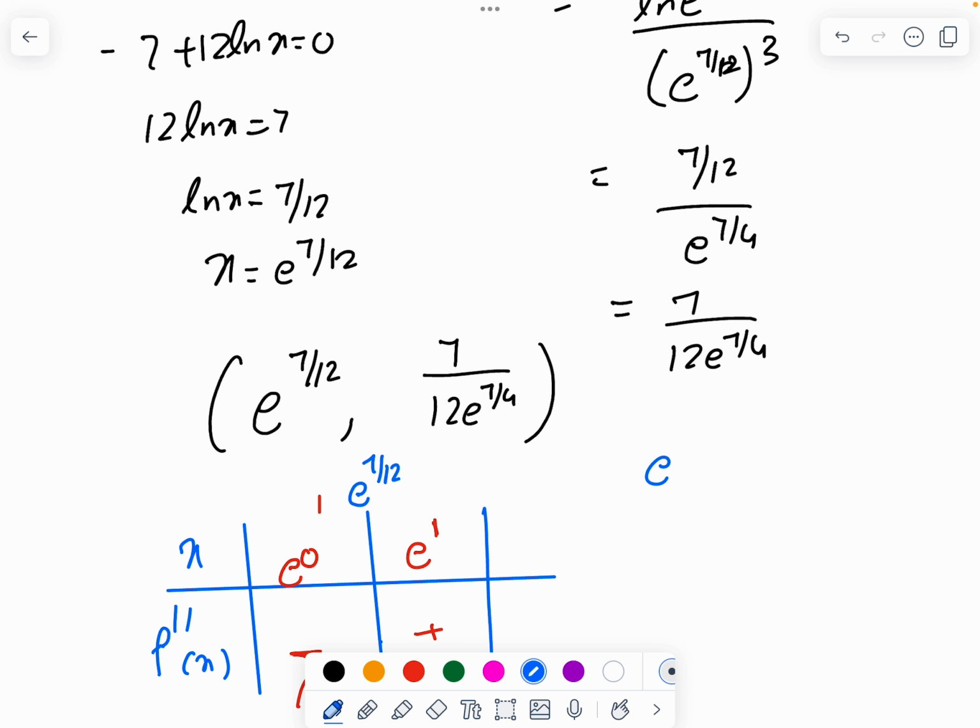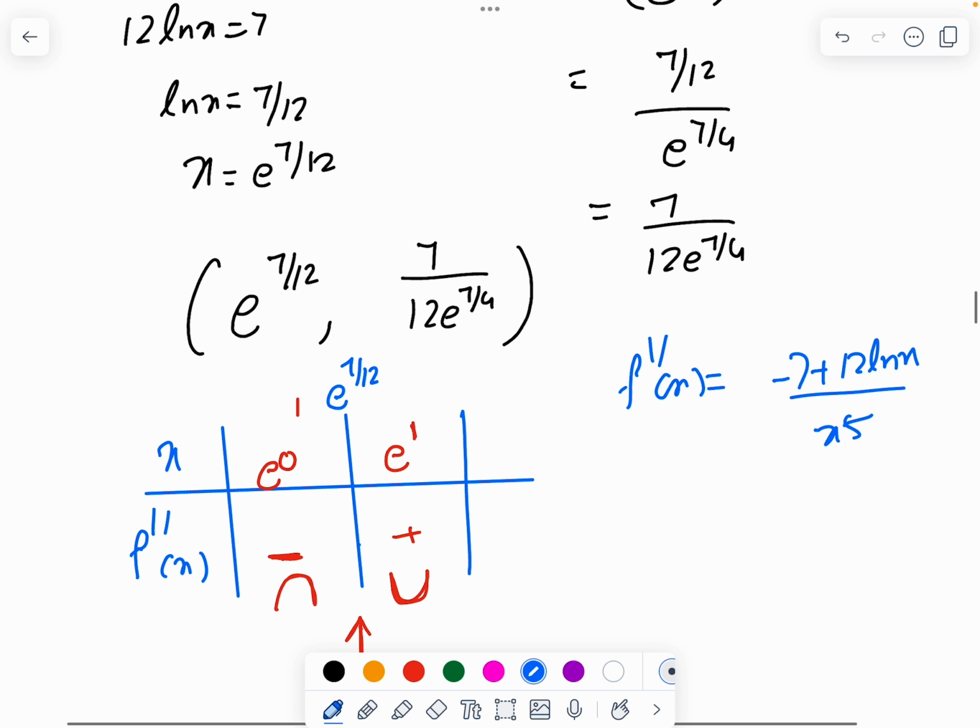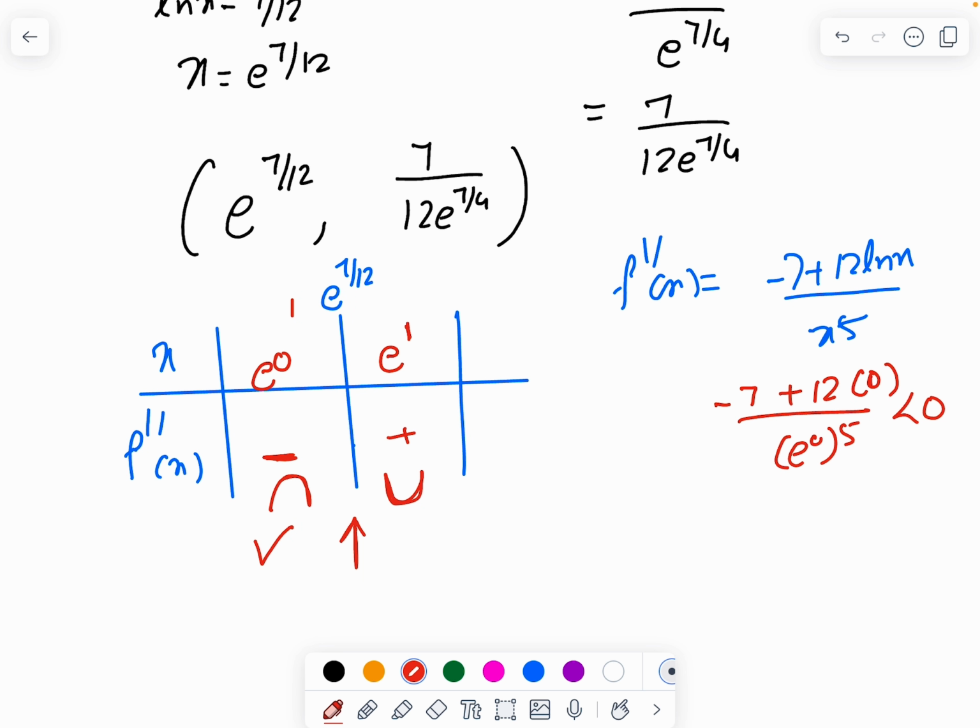What was the second derivative? The second derivative was (-7 + 12 ln x) divided by x^5. If I plug in e^0, I get -7 plus 12 ln(e^0), which is ln 1, which is 0, divided by (e^0)^5. So that is going to be a negative answer, and therefore it is concave down.